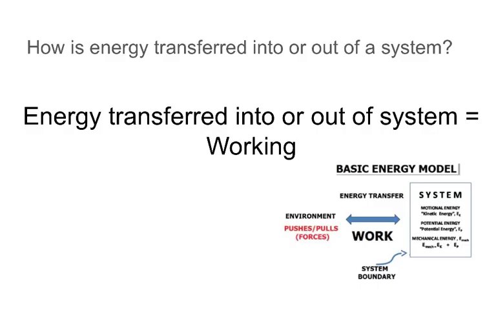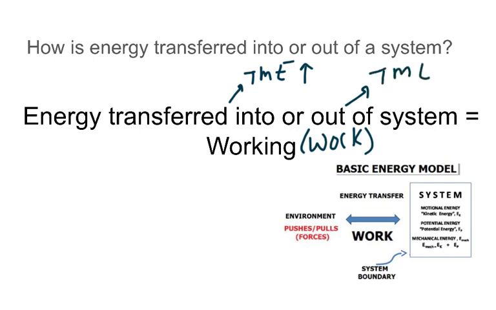So working or work, you're going to hear me say it both ways, is the transfer of energy into, so the total mechanical energy goes up, or out of, where your total mechanical energy would go down, the system. We use W for work.